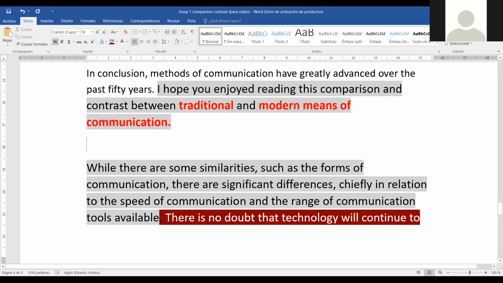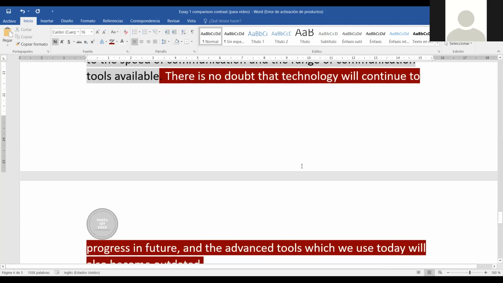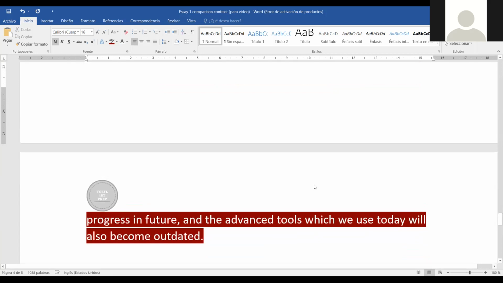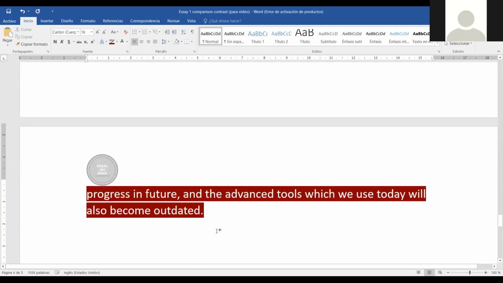If you want to be a little bit more sophisticated, try to include one sentence at the end that also encompasses and gives the idea to the reader that there is something else that needs to be discovered. For example, there is no doubt that technology will continue to progress in the future, and the advanced tools which we use today will also become updated. That would make your writing a little bit more sophisticated.